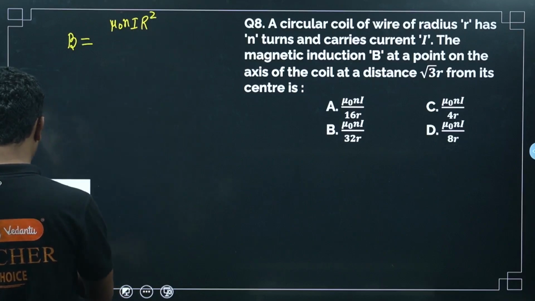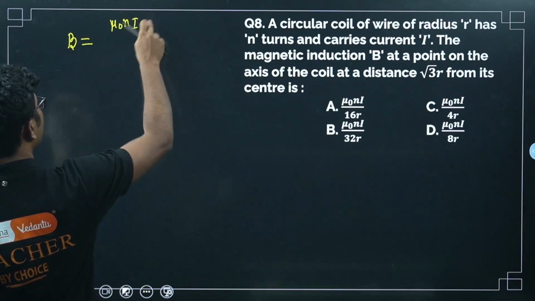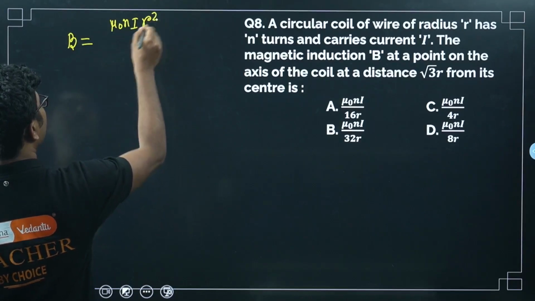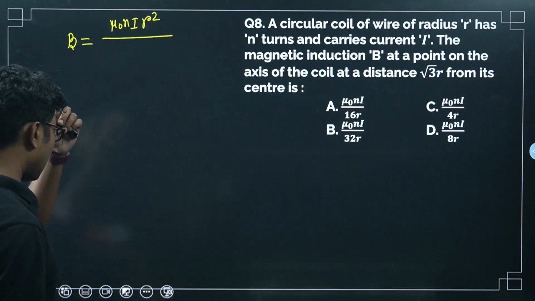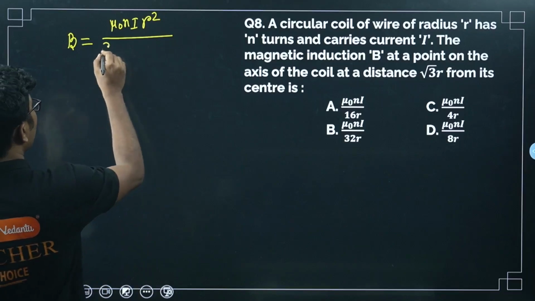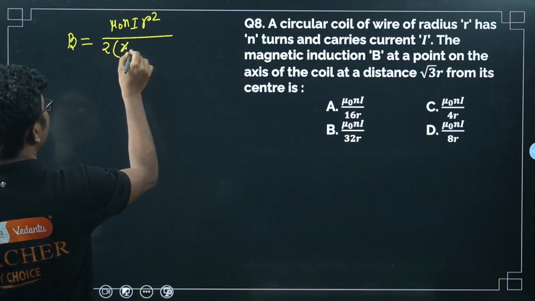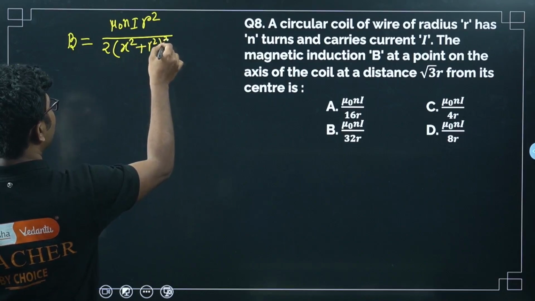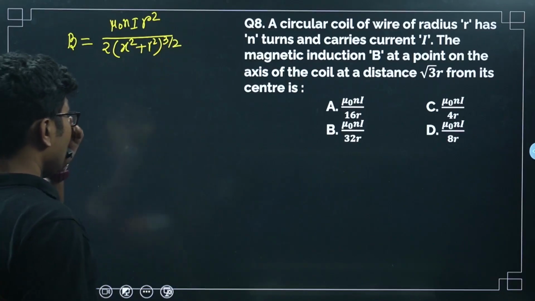Here they have given small r, so let me use small r only. In the formula that I told you, I have used capital R because generally for radius we use capital R. Divided by 2 times x square, x is the distance, plus r square to the power 3 by 2.